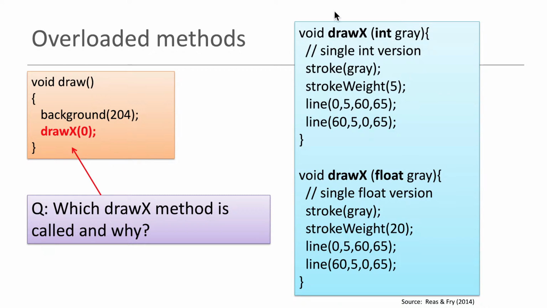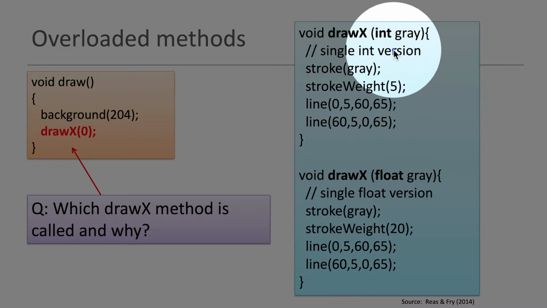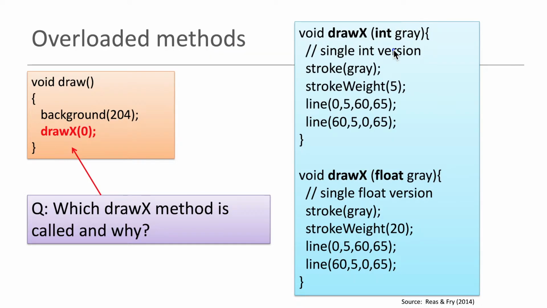So it would choose the top one, okay? As in this one here. Okay, so most people got that right. Hopefully you understand why it's not both. It can only call one of them and it has to figure out which one to call.